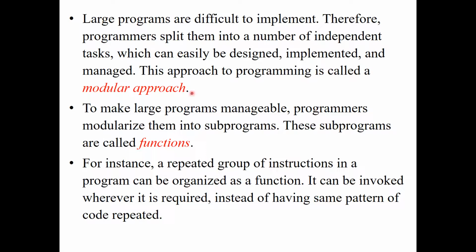Okay, coming back to the pure theoretical thing, we say that large programs are very difficult to implement, and difficult to create also, and they create confusion. Therefore, what the initial programmers did was split these large programs into a number of independent tasks. Suppose you have a program called human.